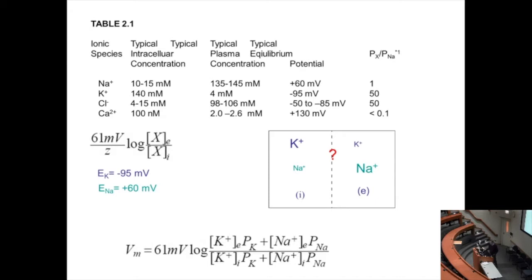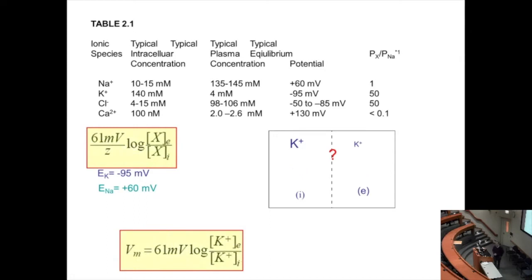PNa becomes 0 if I have no open channels and the membrane is not permeant to sodium. And what I have left is the Nernst equation for potassium. So that's where this equation comes from. It's just based on the Nernst equation. It's just that we're applying it to multiple ions at once.